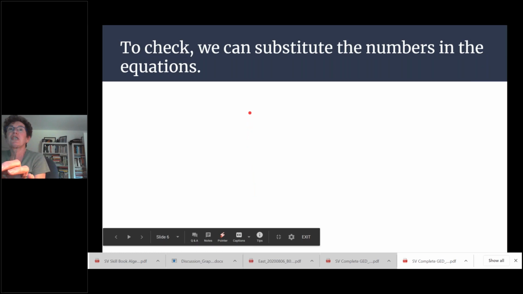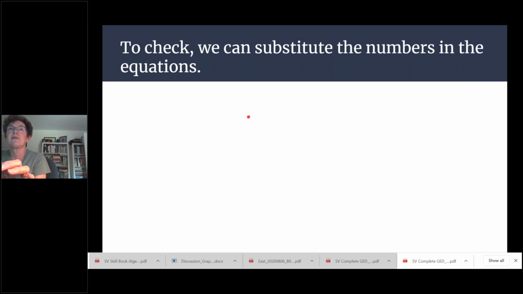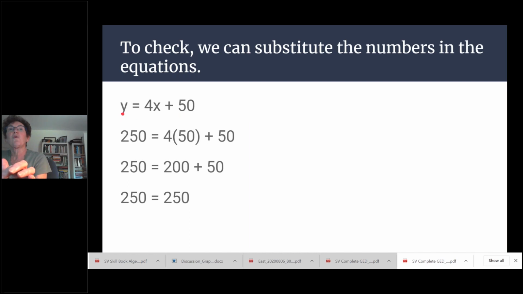And we can check this by substituting the numbers into the equation. So this is the equation for Kathy's catering. If I take the x of 50 and substitute it into the equation, and the y that came up at that point of intersection, which is 250, it should make this equation true. So let's substitute in and solve.